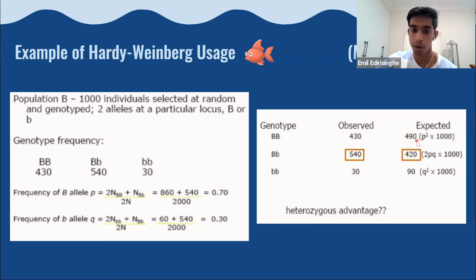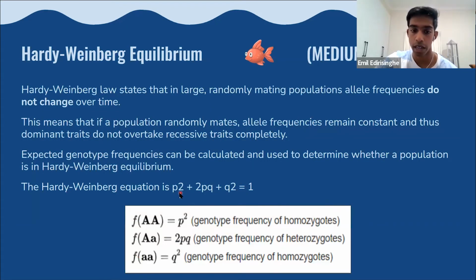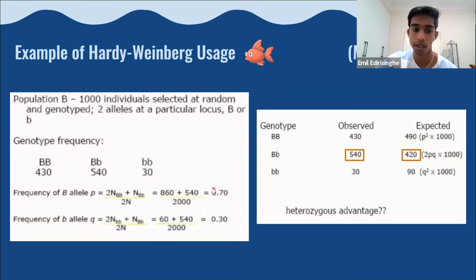So using this equation from the previous slide, P squared plus 2PQ plus Q squared equals 1, you can use the same numbers of P and Q taken here using the frequency of each allele, and then use those to find the expected values of what you would expect to see for each genotype.